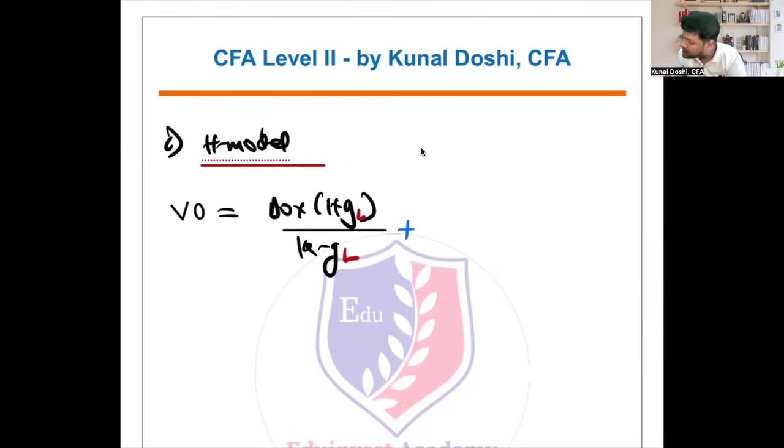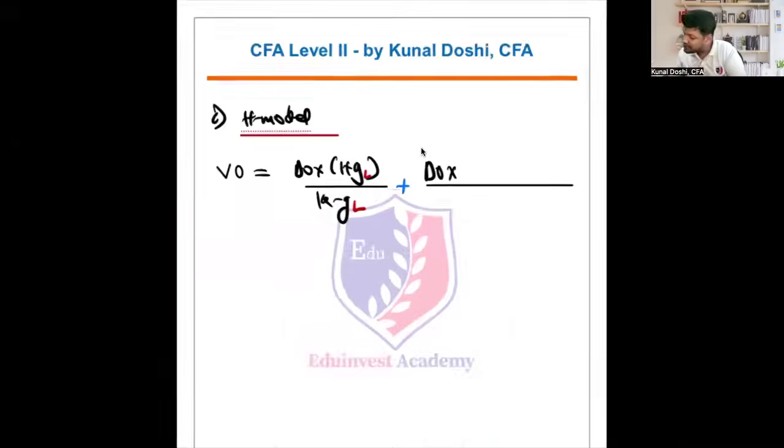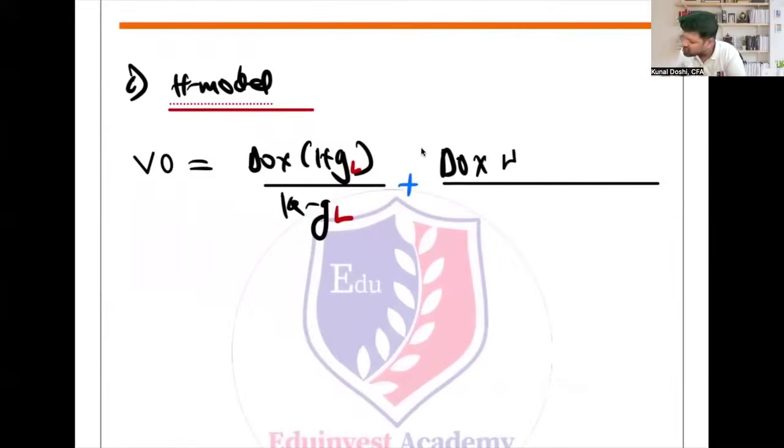But along with this, we are also going to use the valuation of the transition phase. This transition phase is based on the current dividend and the transition period. The transition period is called H. H is nothing but the transition phase divided by 2.